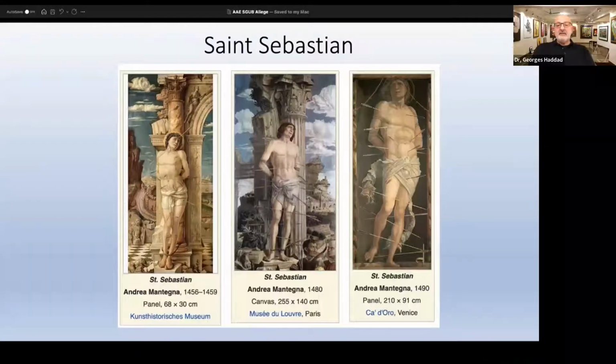Saint Sebastian also, and you can see that these three paintings are by the same great painter, Andrea Mantegna. One is in Germany, one is in France, and the other is in Italy. And Saint Sebastian is always shown with his body larded with arrows.